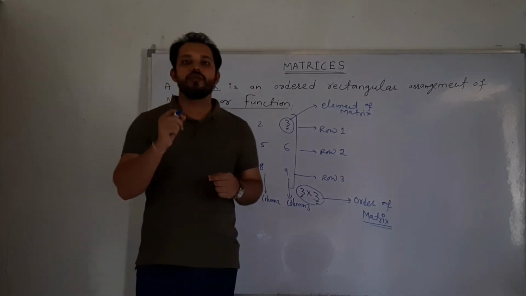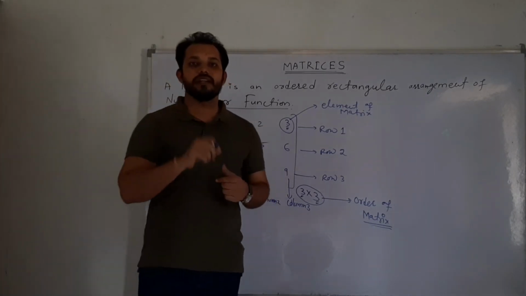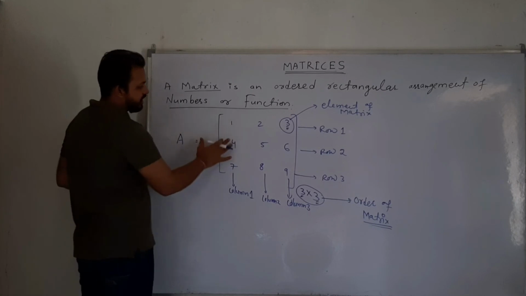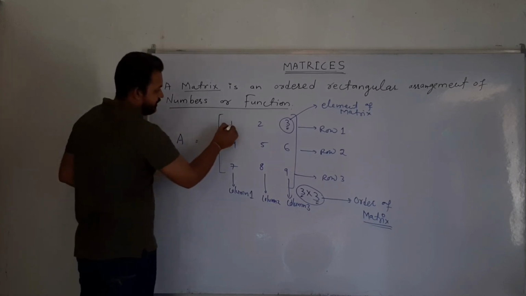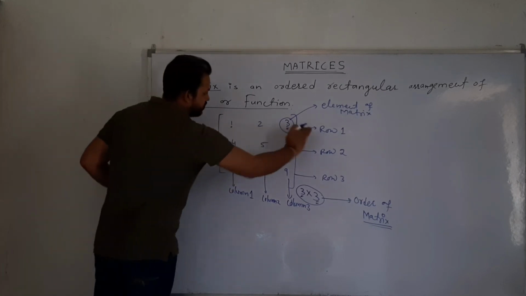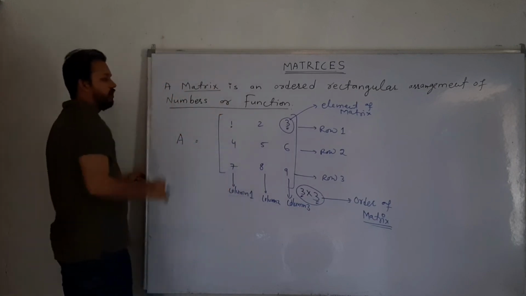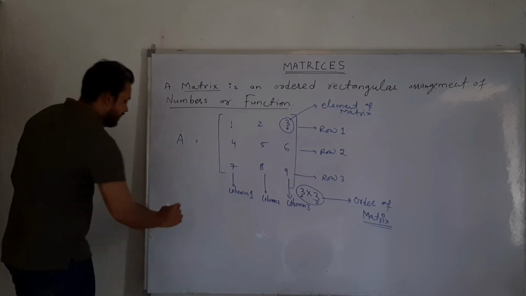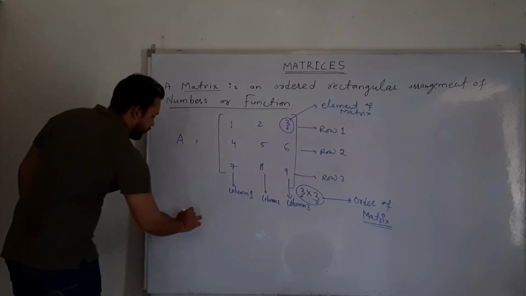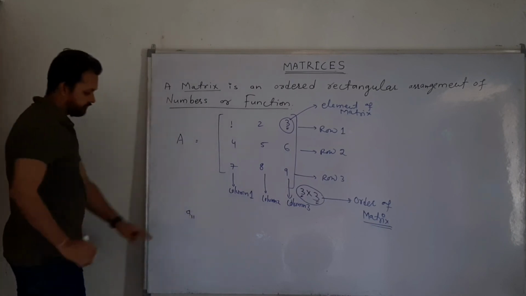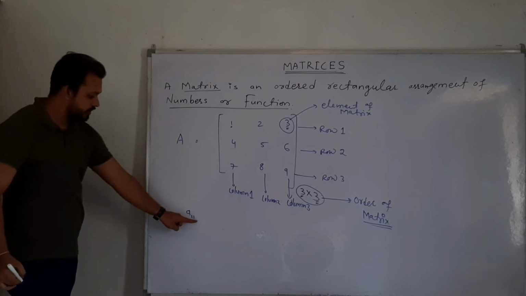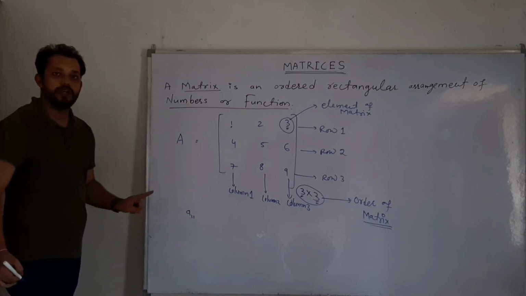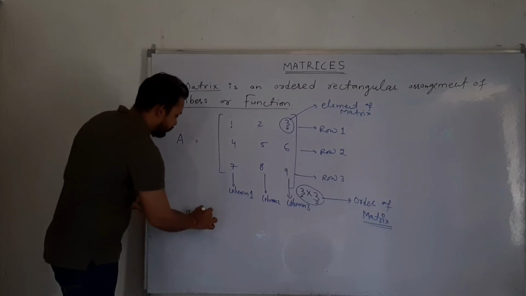Now we will see how to denote elements of a matrix. In this case, this element belongs to the first row and first column, so we will represent this element as a11. 1 for row, 1 for column. a11 is equal to 1.